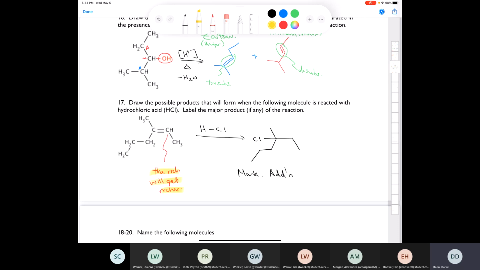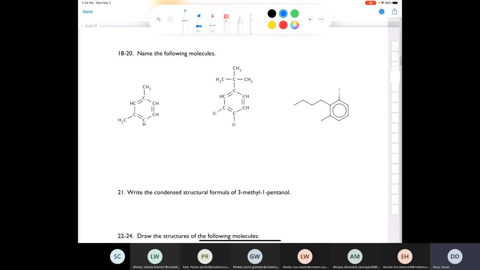The rich are going to get richer. The carbon that has the most hydrogens on it, that is the one. If we highlight the hydrogen from the HCl, that hydrogen is now here, right? This chlorine is obviously here. Markovnikov addition. You need to know Markovnikov addition. Very important when you're an organic chemist.